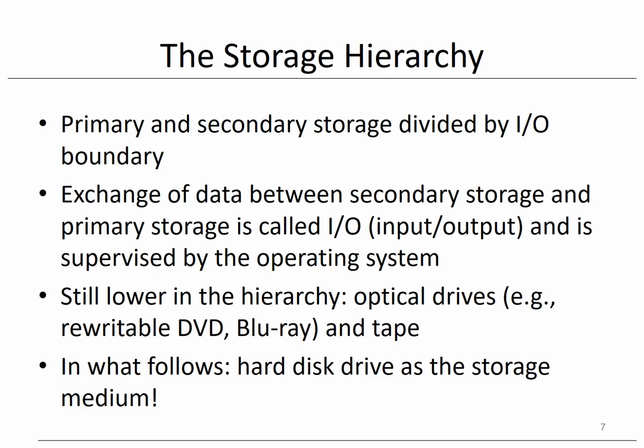Still lower in the hierarchy, we have even slower storage technology, such as optical drives, for example, rewritable DVD or Blu-ray, and tape, which mainly serve as medium for backup and archiving rather than being considered a directly accessible layer in the storage hierarchy. In what follows, we assume a hard disk drive as the storage medium for the physical database.